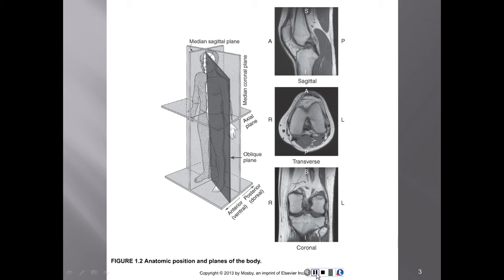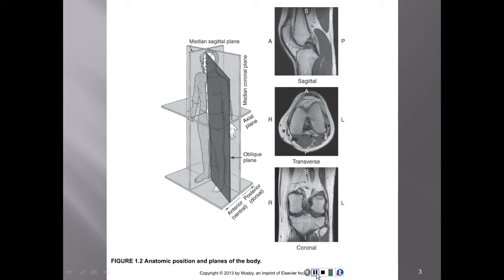Directional and regional terminology is used to help describe the relative positions of specific structures within the body. Right here we have a depiction of the median sagittal plane, the median coronal plane, and the axial plane. For example, the knee: the top slice is a sagittal slice, which shows anterior and posterior.